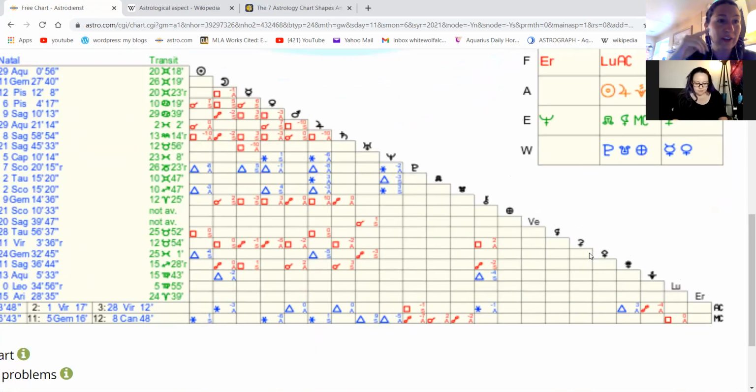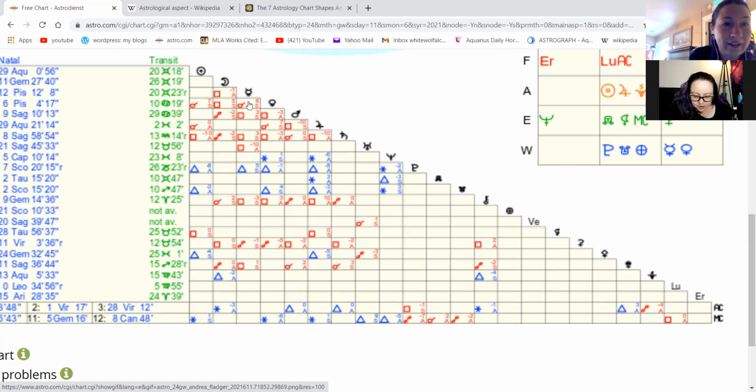So out of the conjunctions on your own chart, what is the one that you feel is most beneficial? Let's see, right here, you have Sun conjunct Venus. That's pretty powerful.